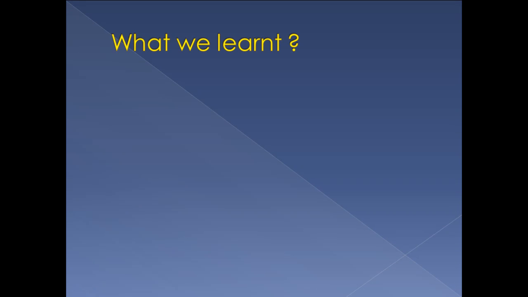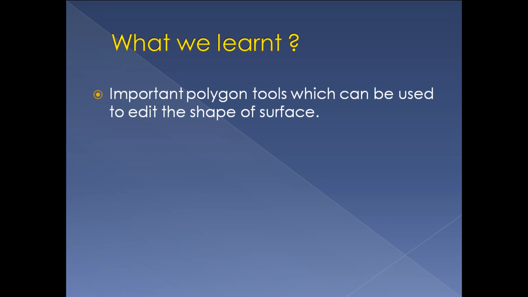So in this video, we have learned important polygon tools which can be used to edit the shape of a surface. We have learned how to insert edge. We have learned how to multicut with the help of the multicut tool. We have learned how to extrude one or more than one faces or edges. We have also learned how to extrude any face along a curve.